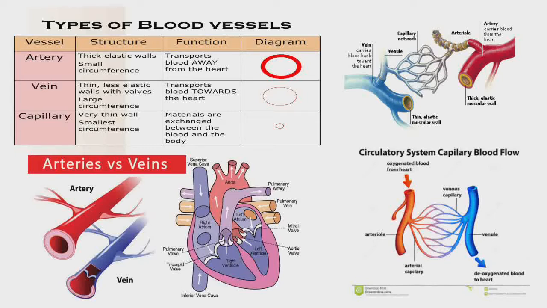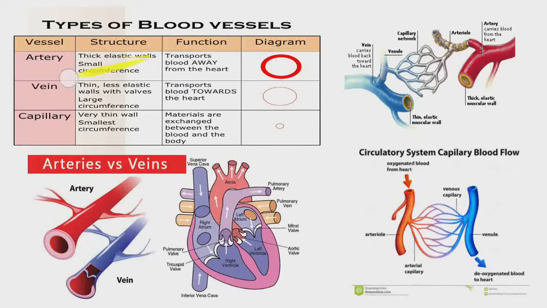Veins are the blood vessels which carry deoxygenated blood. But this is not the basic definition of artery or vein. What an artery basically does is transport blood away from the heart. This is what you have to remember. A vein transports blood towards the heart. This is the main function of the blood vessel.